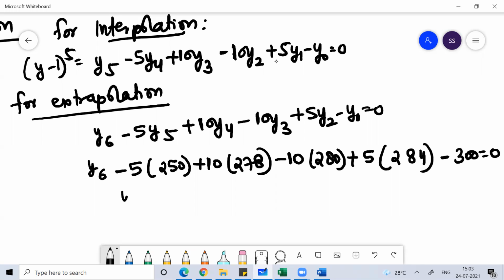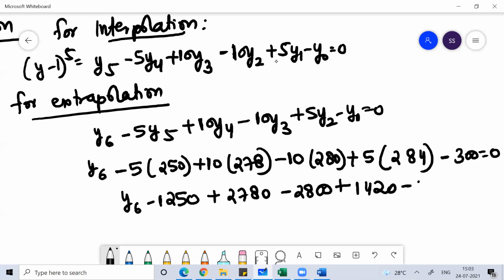So this is y6 minus 1250 plus 2780 minus 2800 plus 1420 minus 300 is equal to 0.